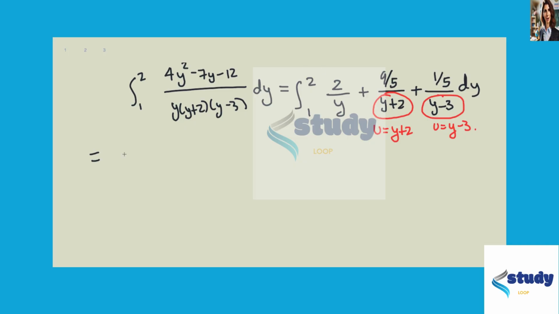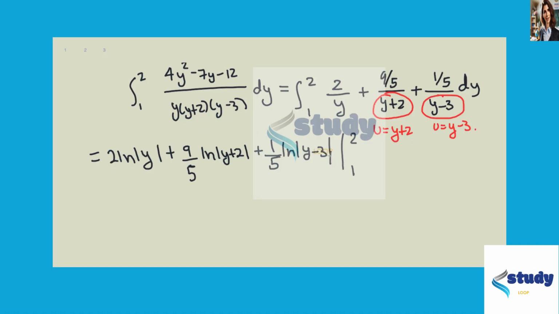The first one, 2 natural log absolute value y. The second one, that's a 5 in the denominator, 9/5, and then natural log y plus 2, plus 1/5 natural log absolute value y minus 3, and then our endpoints, 1 to 2.